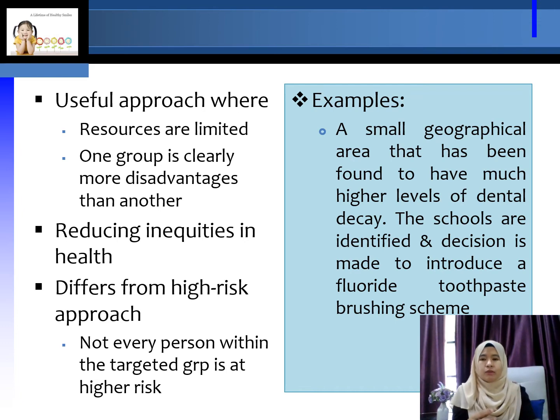Maybe one subgroup of that area has a high risk of dental decay. So the school is identified, and the decision is made to introduce a fluoride toothpaste brushing scheme. Maybe every day, the students have to brush their teeth before entering the class.